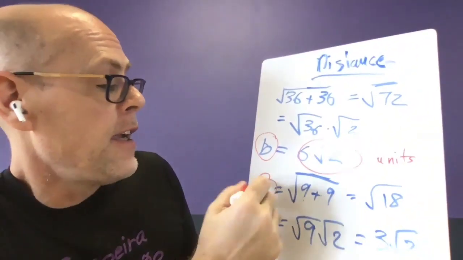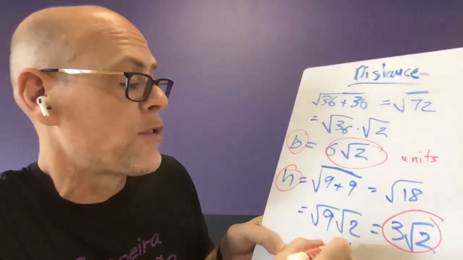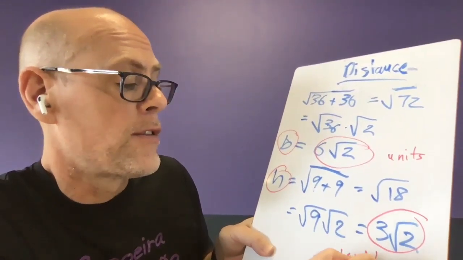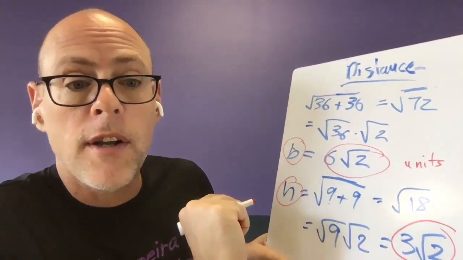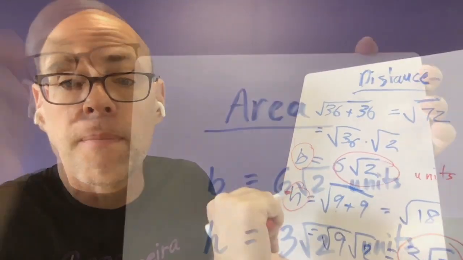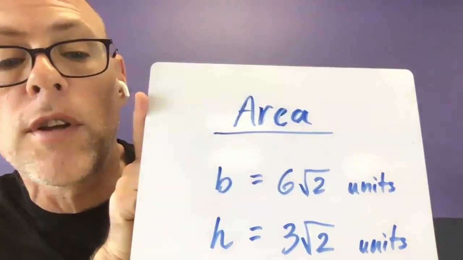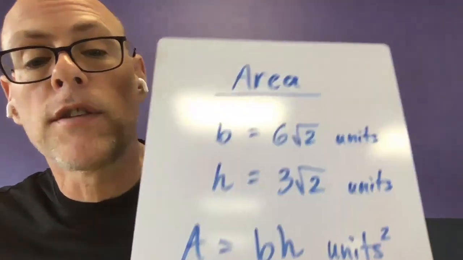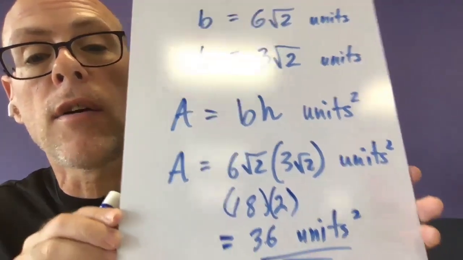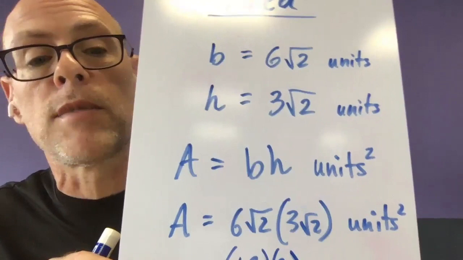All right, now we have our base, which is 6 times the square root of 2 units. And the height is 3 times the square root of 2 units, also one-dimensional. When we multiply them together to get the area, we're going to get units squared. The area then is the base times the height.